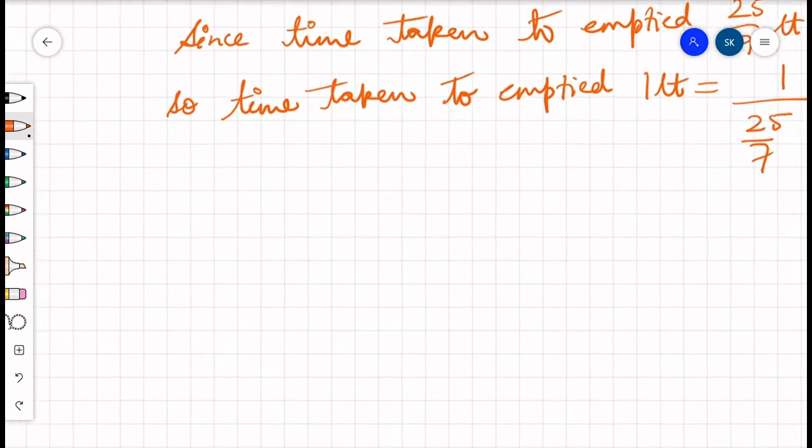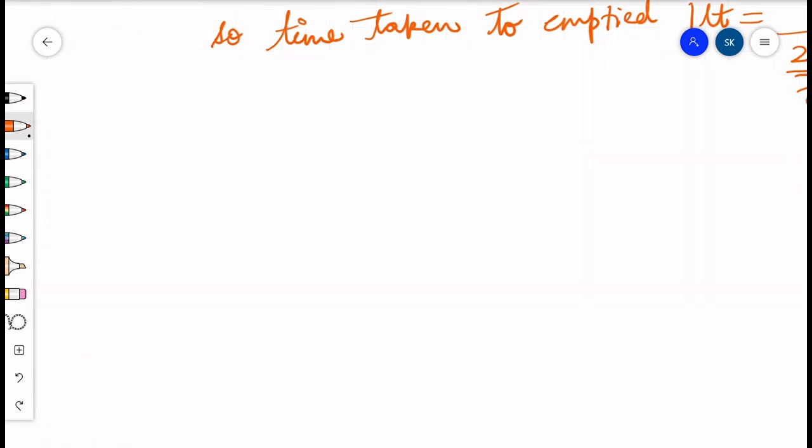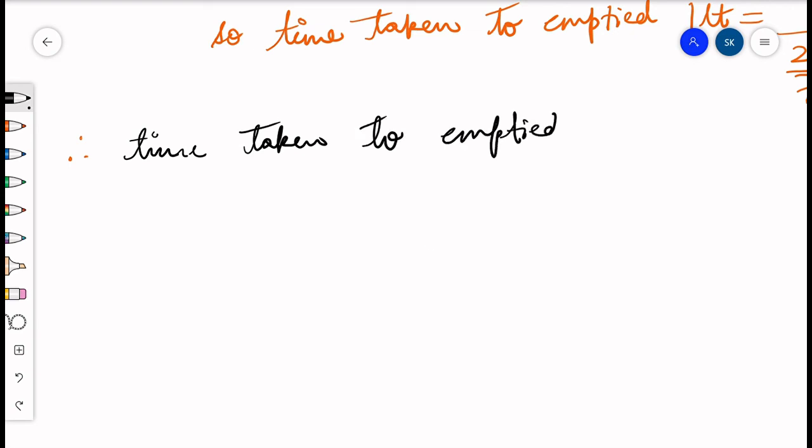Okay, if this is clear, then only we can proceed, right? Therefore time taken to empty, what was the volume?